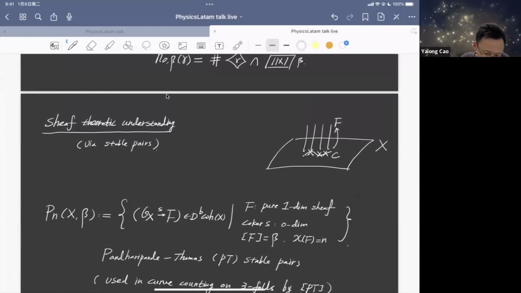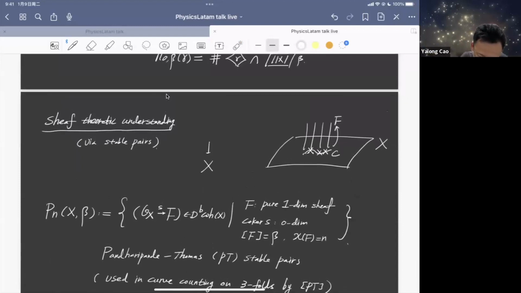Okay, so first of all, we know what is a holomorphic vector bundle, right? Anyway, we know what is a bundle. A bundle is a family of vector spaces over X. So there's some space over this X where the fiber is a vector space. This is called a vector bundle.